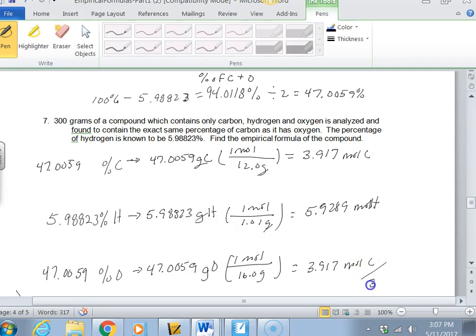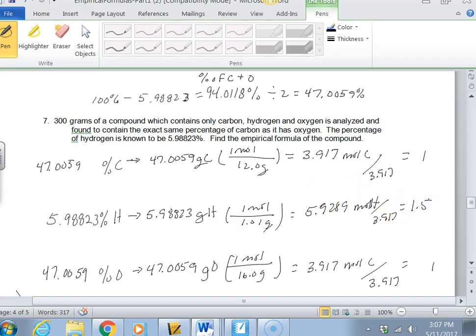We divide each of them by 3.917. One there. 5.9289 divided by 3.917. That is 1.5.